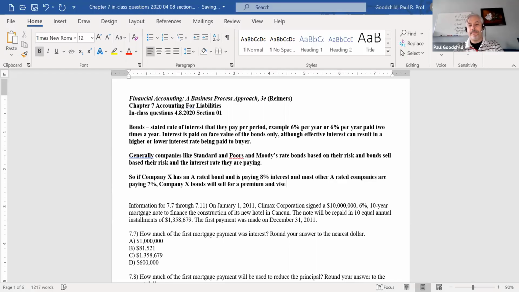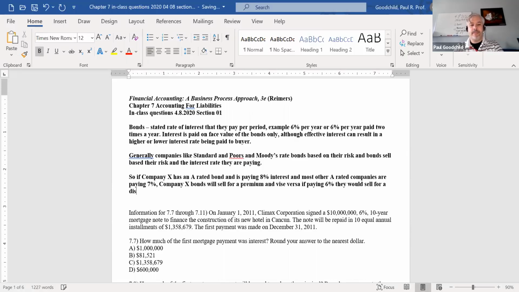And vice versa. If paying 6%, they would sell for a discount.